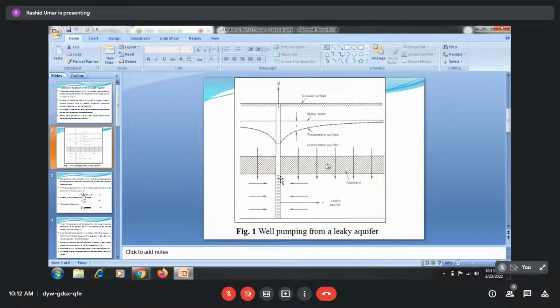So if we are pumping this, the water table will not be lowered. The piezometric surface of this particular aquifer will be lower. As pumping proceeds, the drawdown curve expands. How much migration of water is taking place from here is directly proportional to the difference between these two.